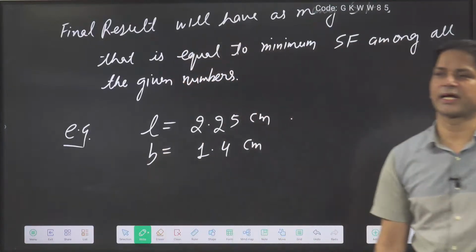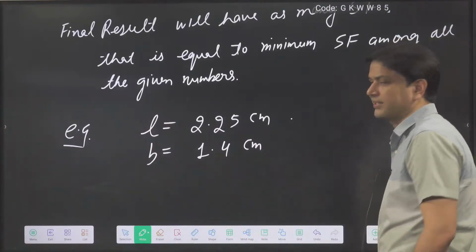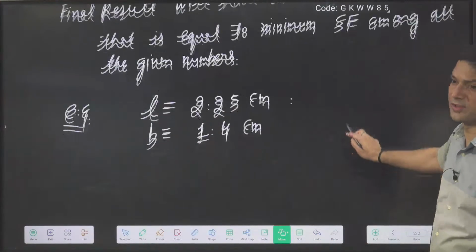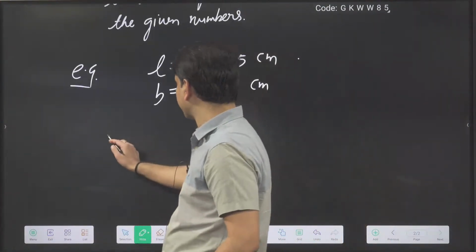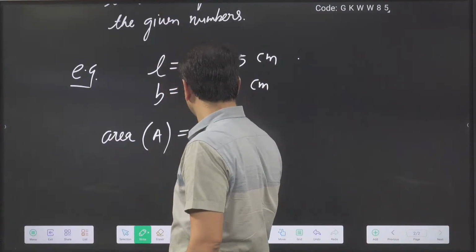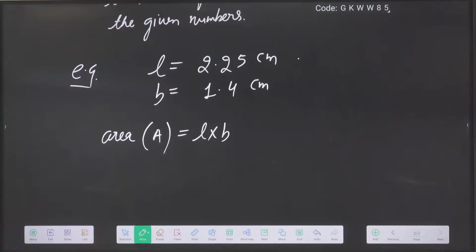Suppose the length of the rectangle is 2.25 centimeter and the breadth is 1.4 centimeter. Then find the area up to the correct significant figure. Tell fast.